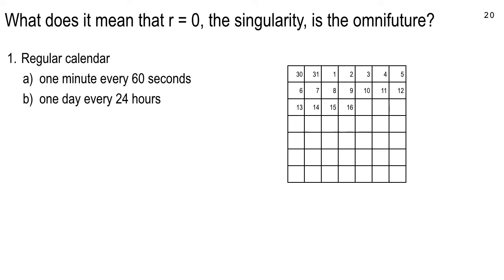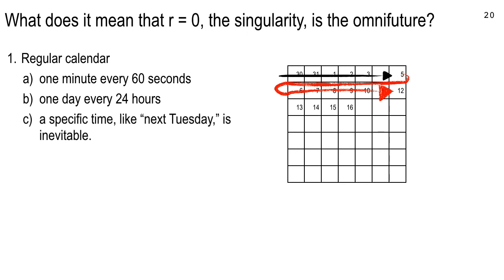And we have those little blocks, and you go through the calendar, but you only go in one direction, always forward. So one way of saying that is that a specific time, like next Tuesday, is inevitable. The inevitability is a day in the future, like Tuesday next week. That's inevitable.